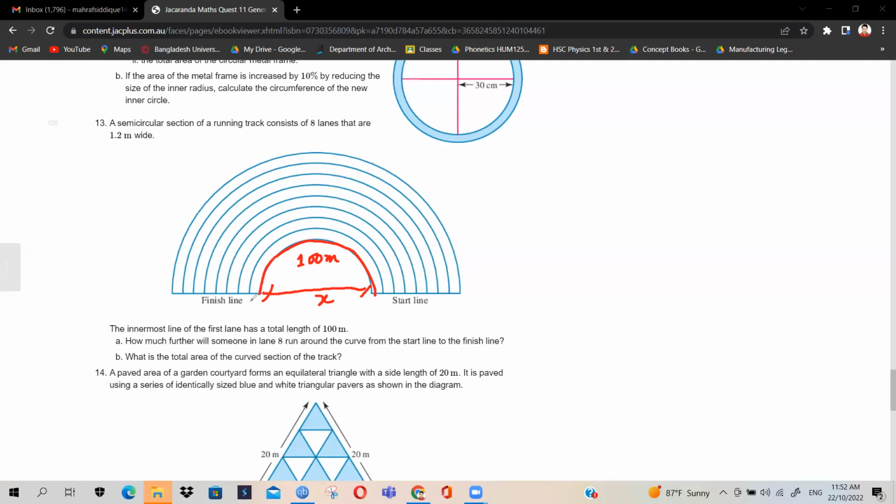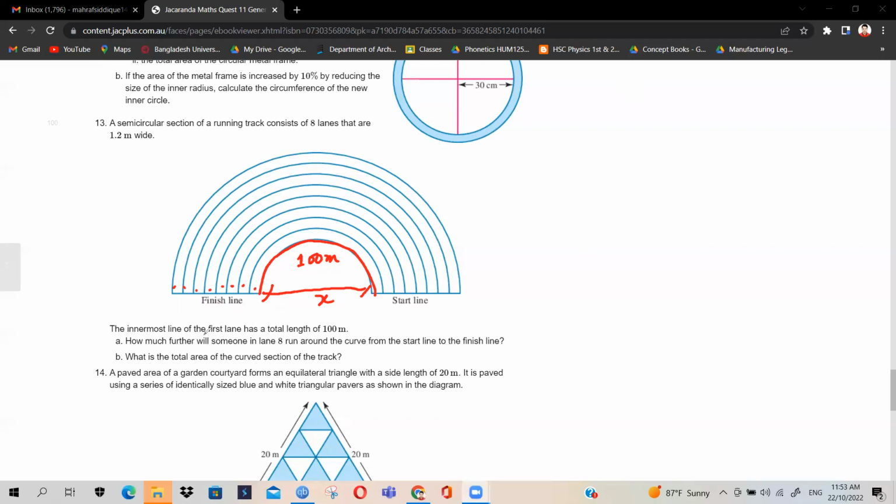So this will be 1.2, 1.2 increasing for each lane. Let's calculate: 1, 2, 3, 4, 5, 6, 7, 8. That is 8 times 1.2.